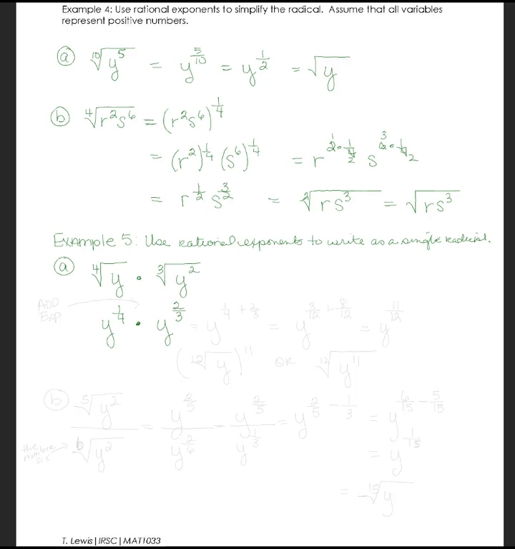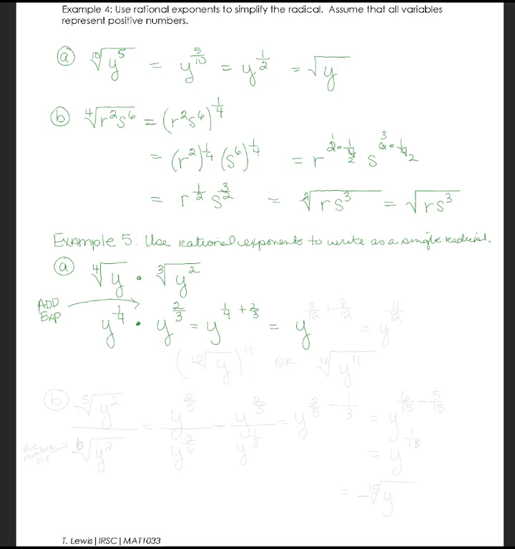This is something you just did, going back to your exponent rules. We have a common base raised to a power, and we're multiplying. Therefore, we're going to add the exponents. We're going to find an LCD, but we're going to add the exponents. So y to the 1/4 plus 2/3. Looking for a common denominator, which is 12.